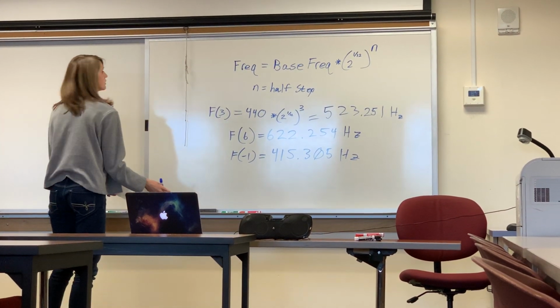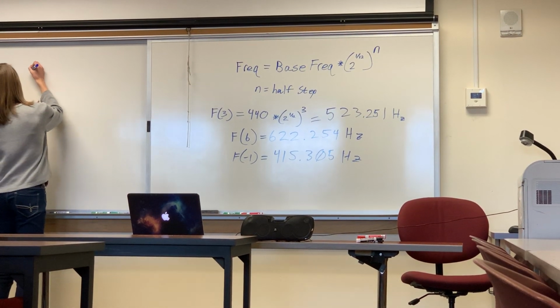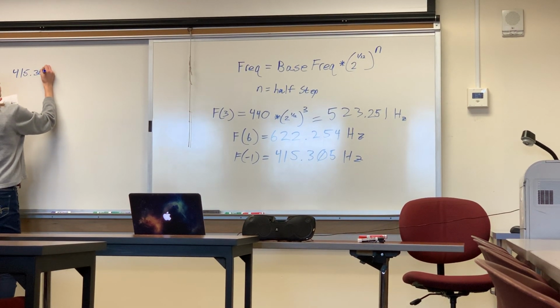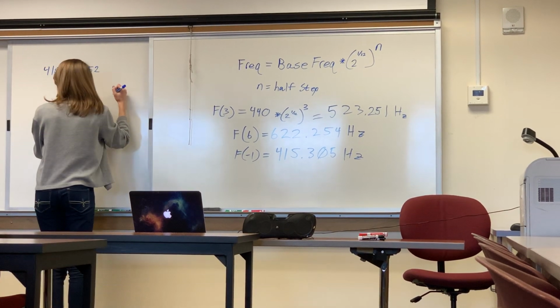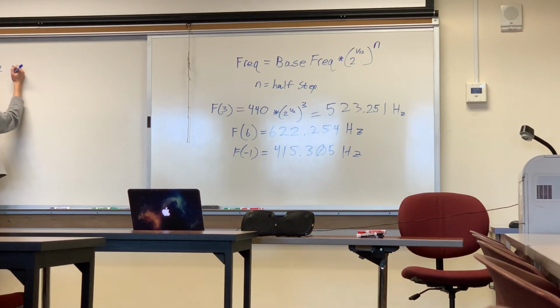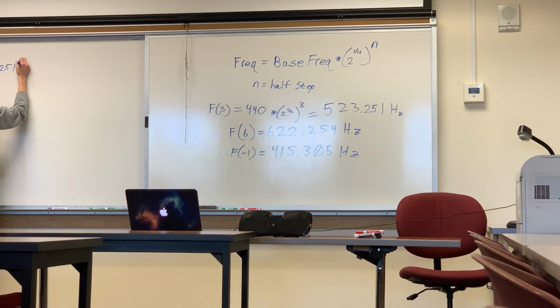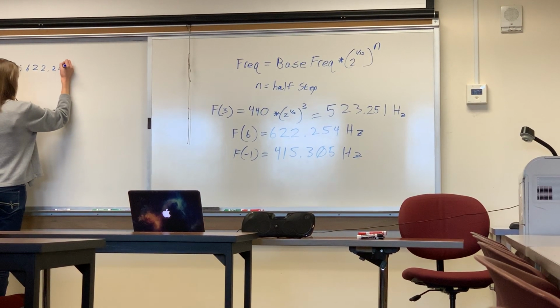Cool. So I didn't choose these 3 randomly. These 3 hertz values, those 3 frequencies, we put them up next to each other. They create a ratio with each other. 415.305 against 523.251 against 622.254.